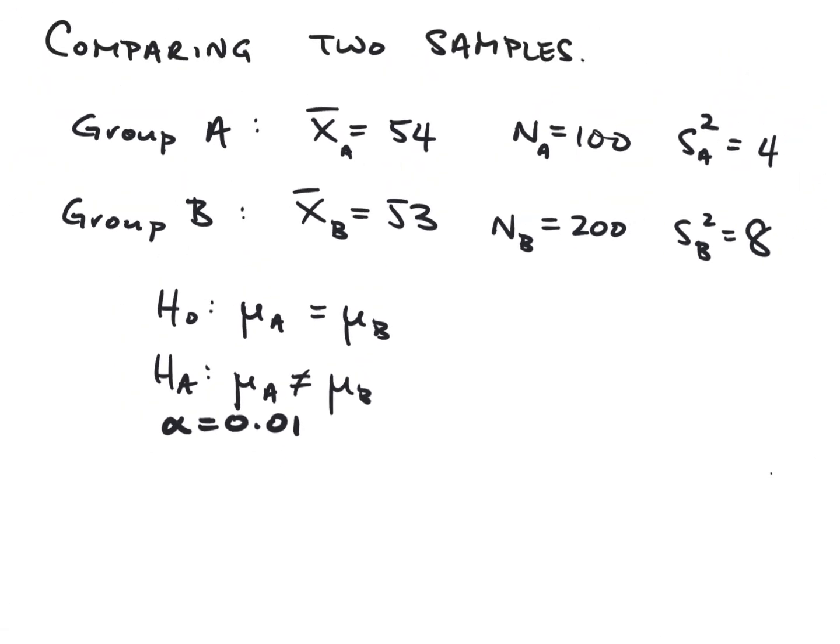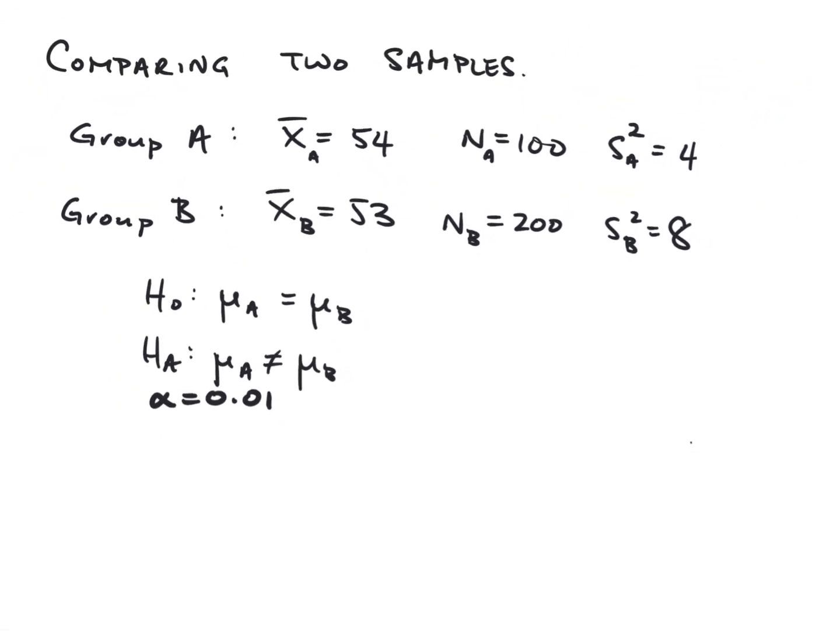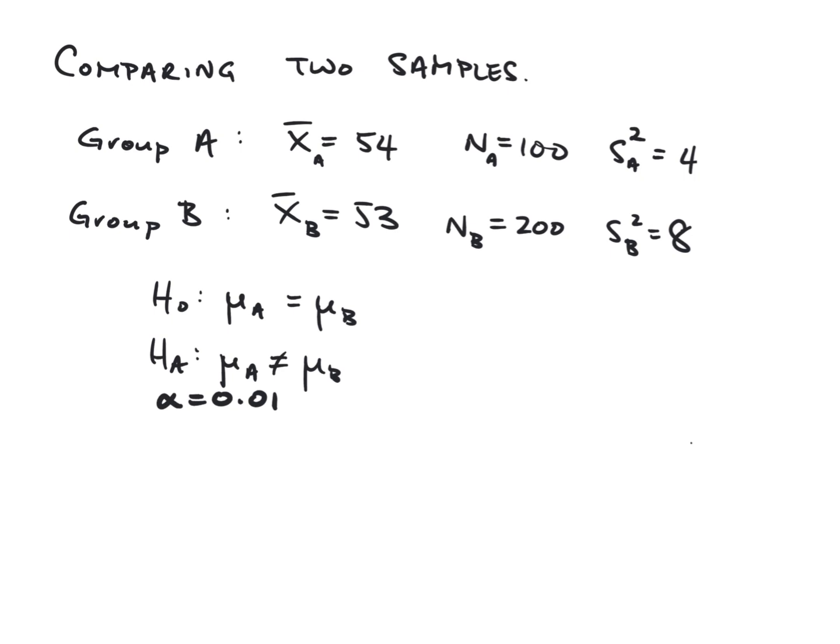The framework here is that we have group A and group B. In group A, we surveyed 100 people, and we found that the average value of X was 54. In group B, we surveyed 200 people, and we found the average value of X was 53. Now, we might want to know, is it possible that these two samples come from populations that have the same mean? Or are the populations actually different?